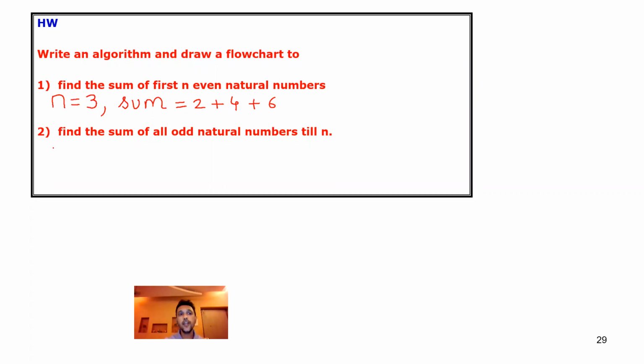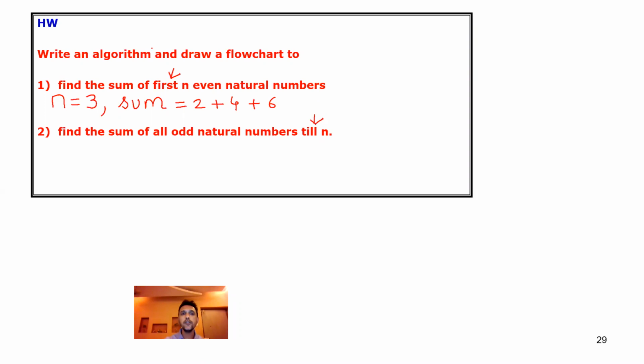Okay, now let's go to the next question, which is trickier. The next question says, find the sum of all odd natural numbers till n. Now over here, you have to understand one thing. The first question tells you to find the sum of first n whatever, and this question tells you to find the sum of all odd natural numbers till n.